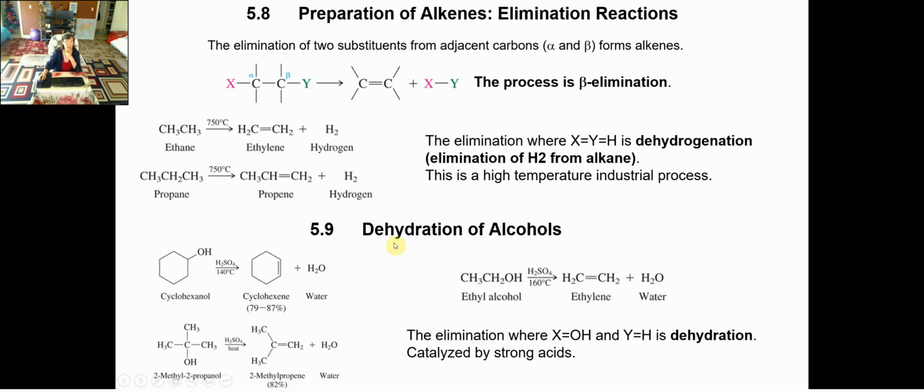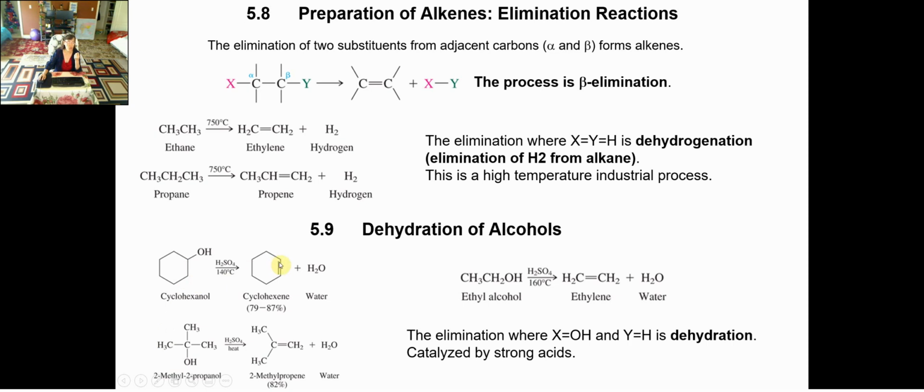Another method is called dehydration of alcohols. If you have your, say, alpha carbon, you have OH substituents. This beta carbon, you have hydrogen. You remove a water molecule from the alpha and the beta carbon, you are going to produce an alkene. For example, I have a cyclohexanol.